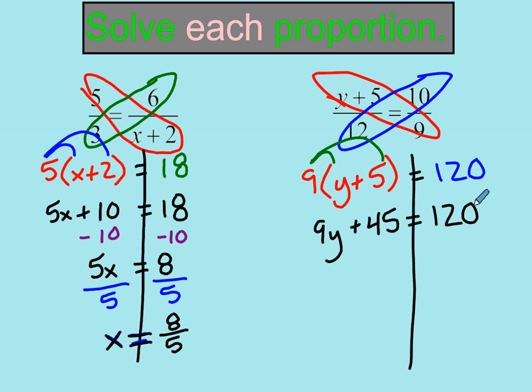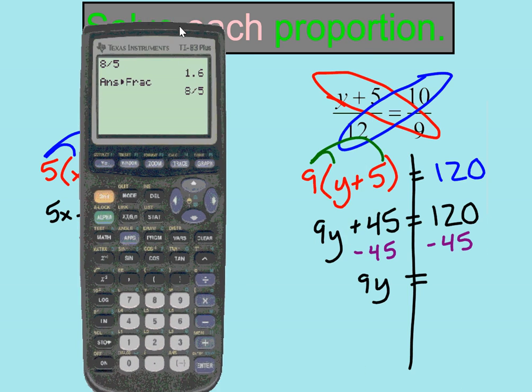I'm going to subtract 45 on both sides. On the left side, I'm left with 9y. 120 minus 45 is 75.